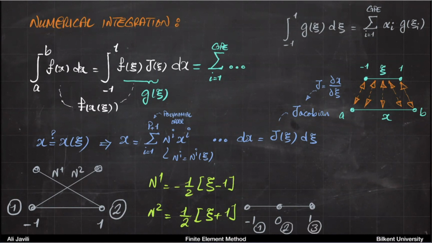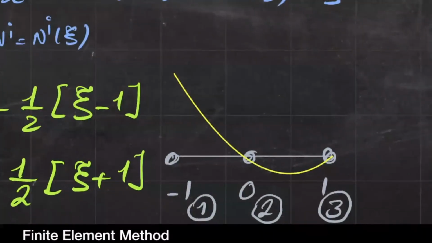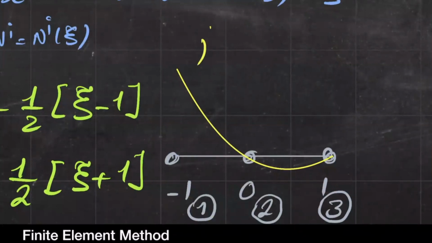If you think of them as nodes, and then you remember, for instance, n1 would be something like this: 0 at nodes 2 and 3. So that would be n1.